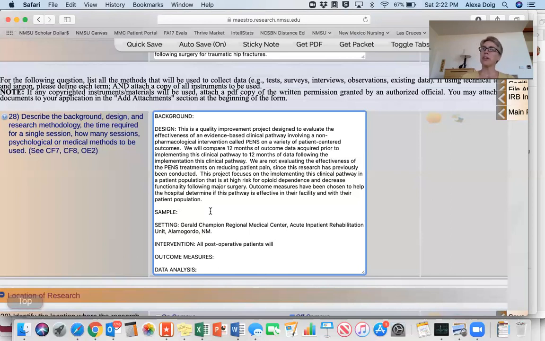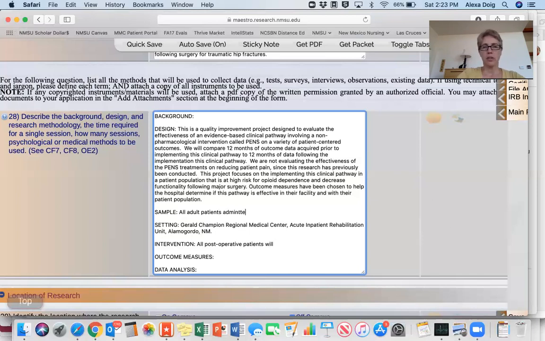Our sample is the sample that is going to be receiving our intervention. They've been admitted to this hospital, admitted to this unit. That's the smaller sample.